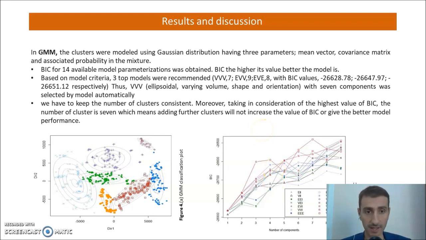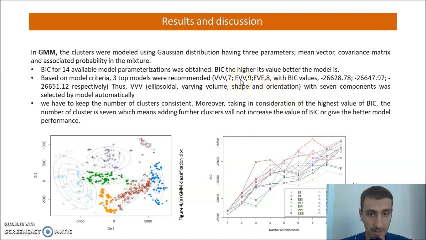In the BIC, the higher the value, the better the model. On the right side you can see the model with the number 7. One of the parameterizations, the VVV, comes with a value of 7, on the cluster of 7.